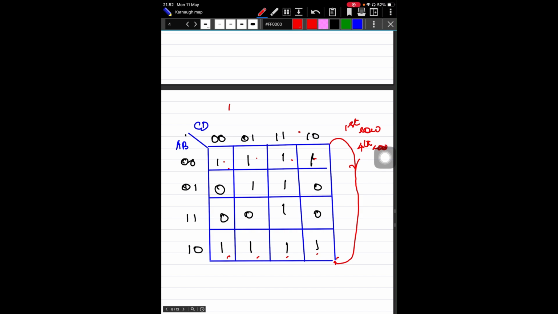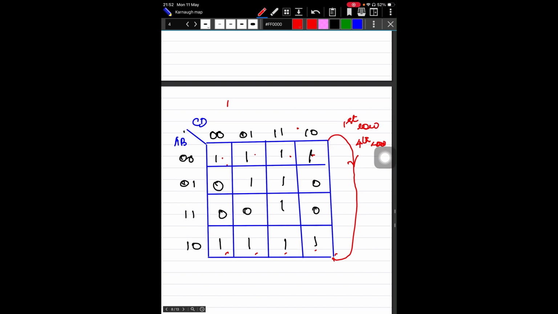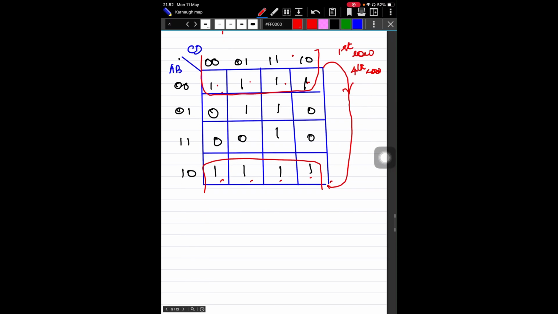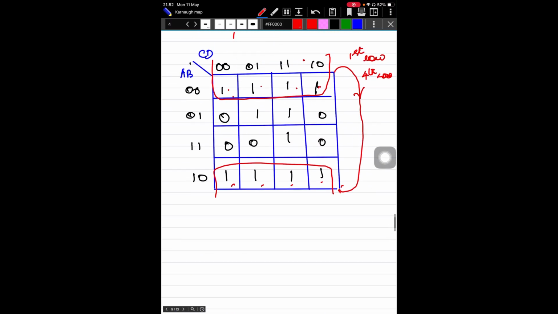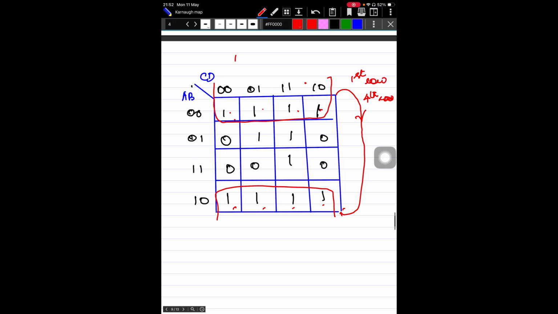So all are ones here, so I can combine this one with this one. Is that clear? Now 2 ones are left here. Can I form a group? No. I should form the biggest group. So what can I do? I can combine all these together.